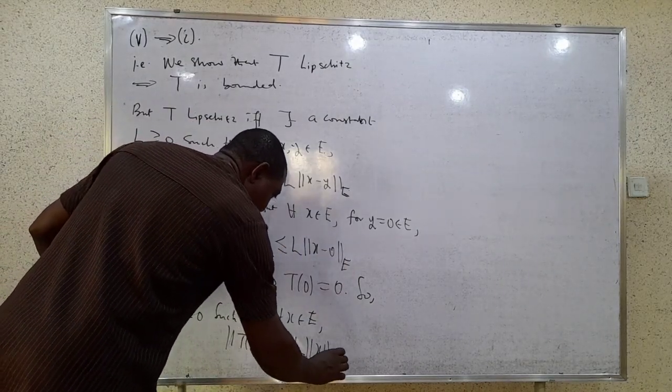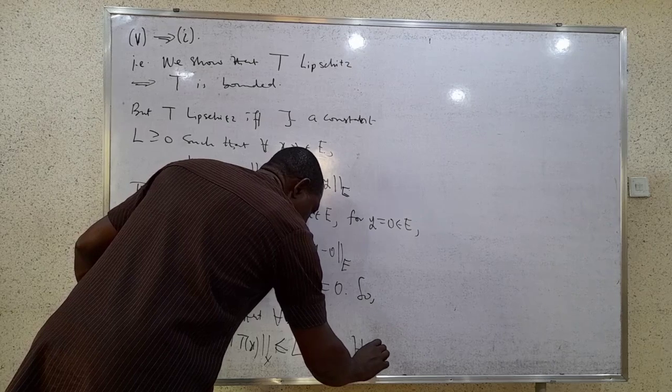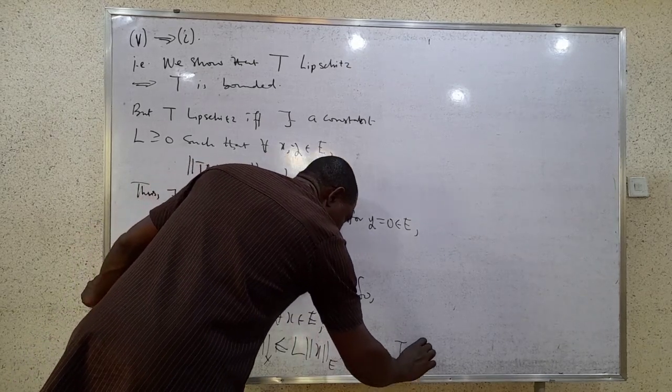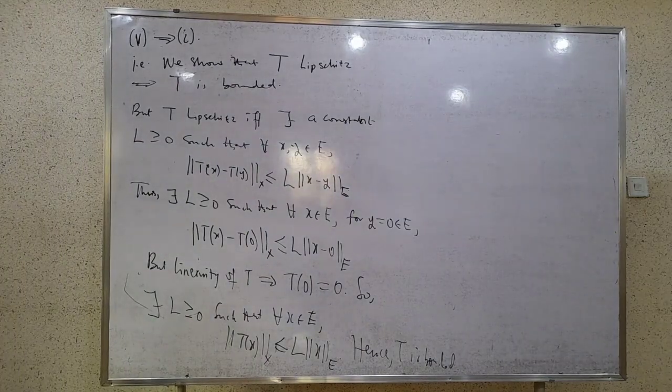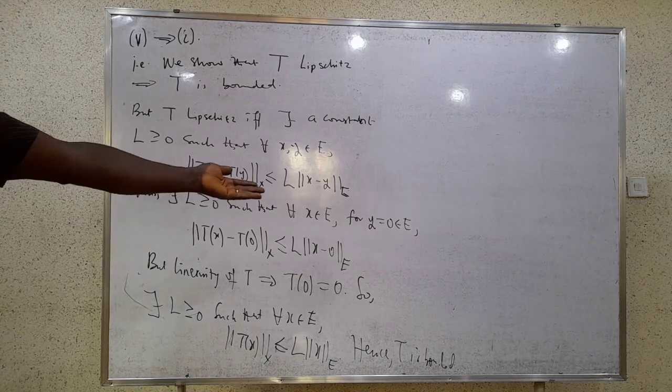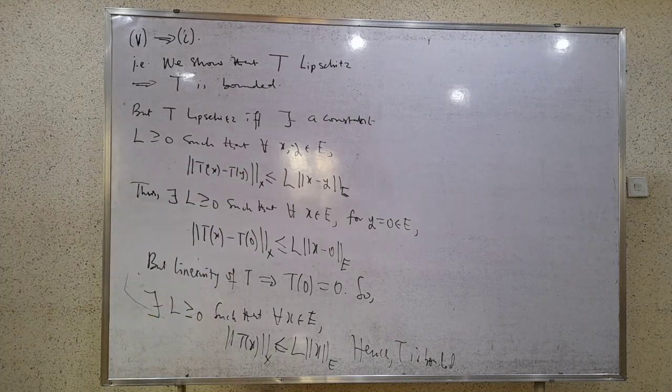What does that mean? Hence, T is bounded. T is a bounded linear operator. This one is easy. It looks easy. So when we take a particular case where y is 0, we conclude that. So you see that all those things are connected.